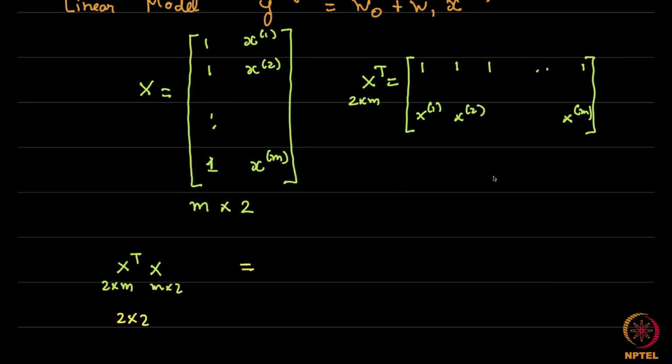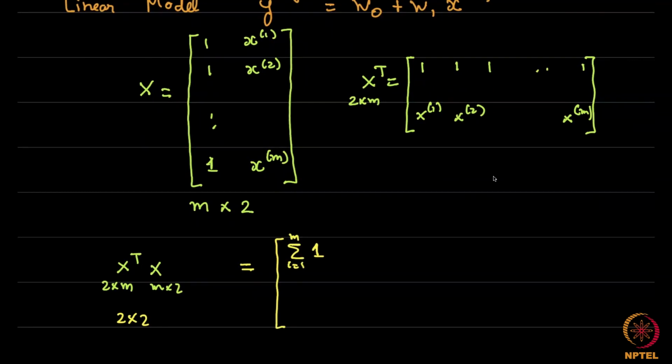Now, what is that? Let's see, X transpose, first row into first column, is just a bunch of ones. I'm going to write it as 1 plus 1 plus 1, of course it's just sigma 1 from i equal to 1 to m. This is going to be m, but I'll leave it as sigma 1.